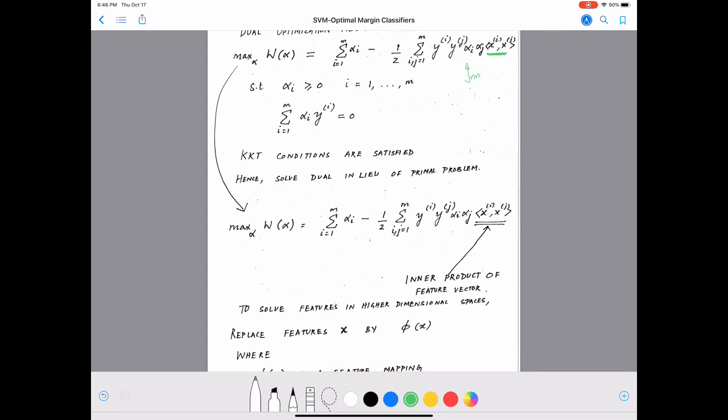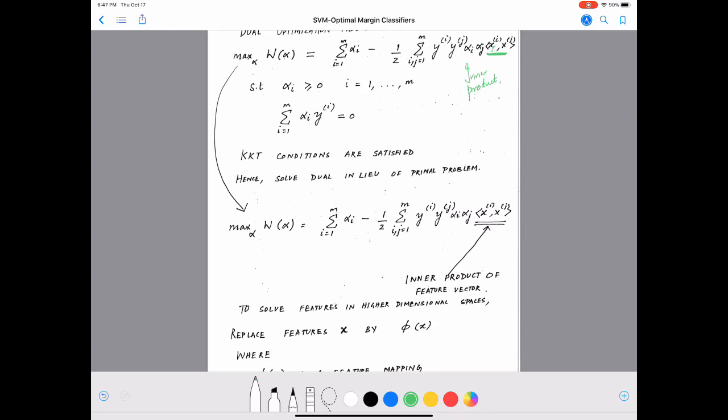An inner product is nothing but a generalized version of the dot product, and mostly xi is a vector, so we will use the dot product version for vectors when we are considering this inner product. Mostly that's what we will be using, but it could be extended to other versions of x. That's why we call this an inner product.